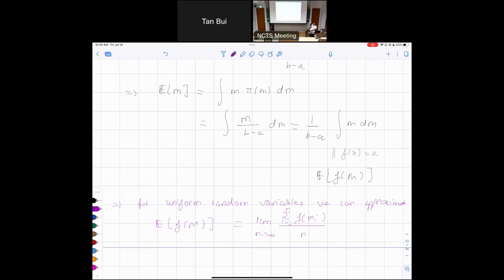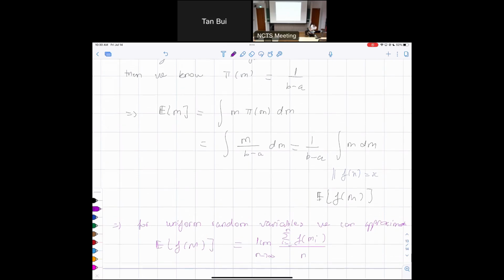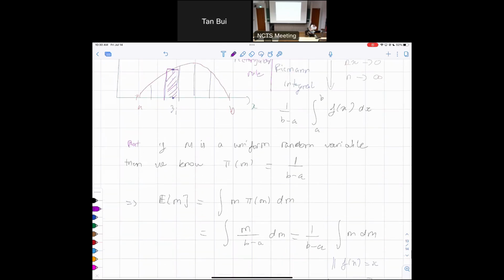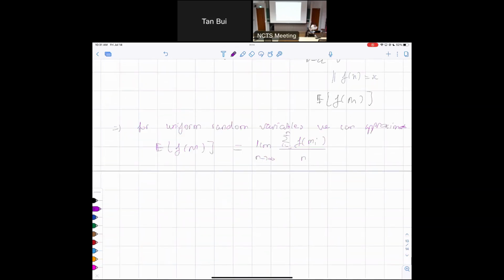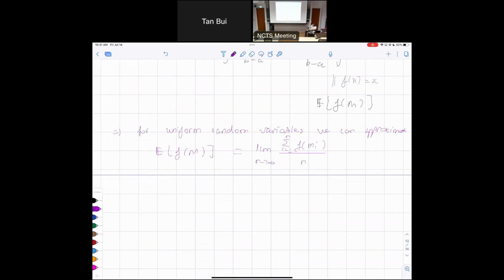We just showed that for a uniform random variable, this integral, which is the expectation, is equal to the limit of that. Very simple mathematical argument. We don't even need probability to conclude this at all.